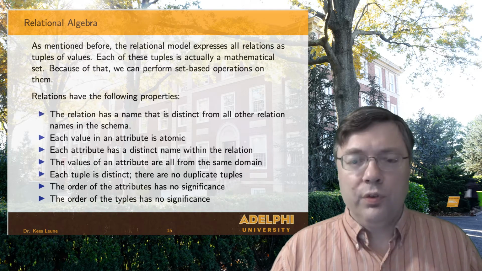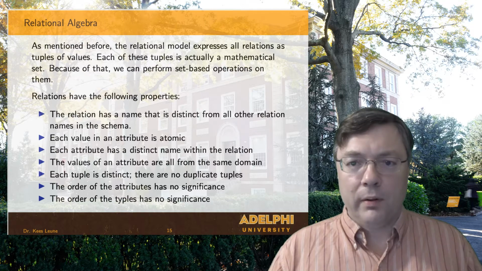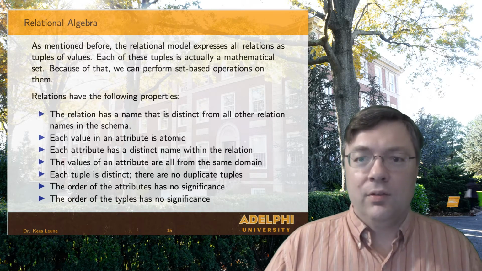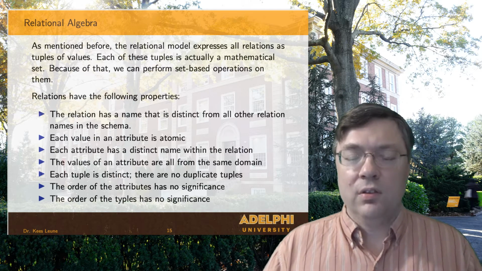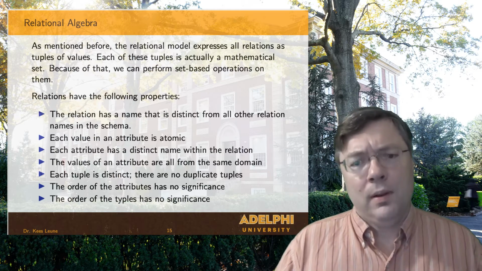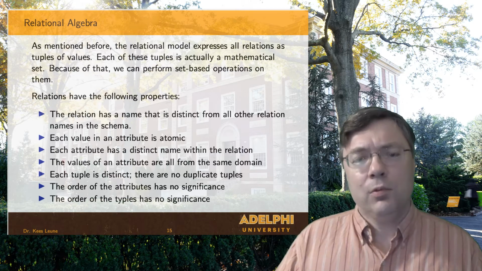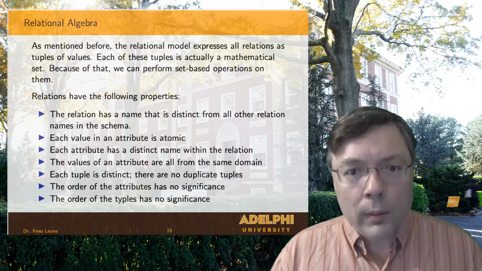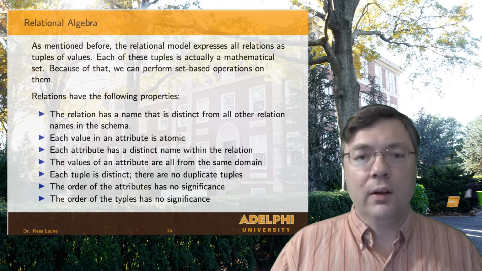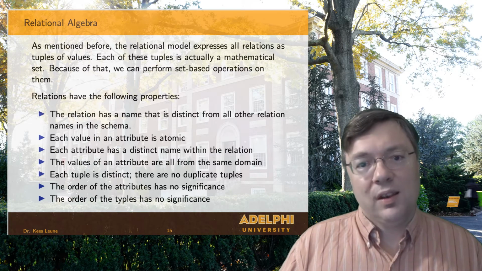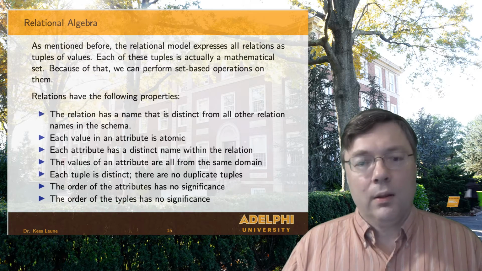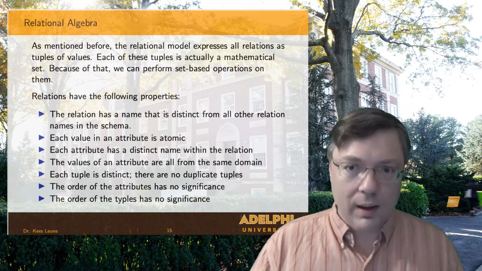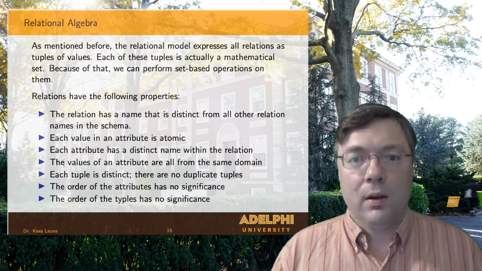And for those of you who have a bit of a mathematical background, and hopefully also those who have taken our class CSC 156 discrete structures, or maybe data structures, you will recognize that an unsorted or maybe even unsortable collection of unique values is a set. And so we can represent a relation with a mathematical set.